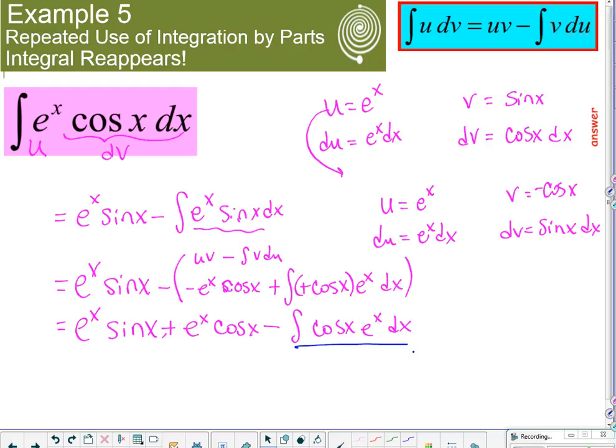And if you notice, on my left side and my right side, I have the integral of e to the x cosine x dx, which is a match.